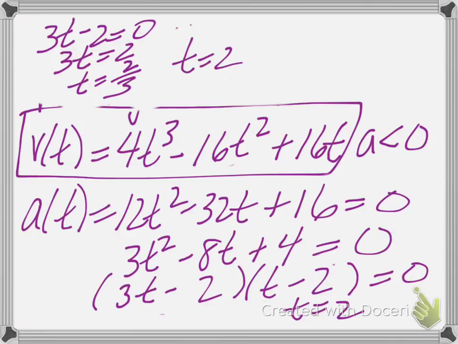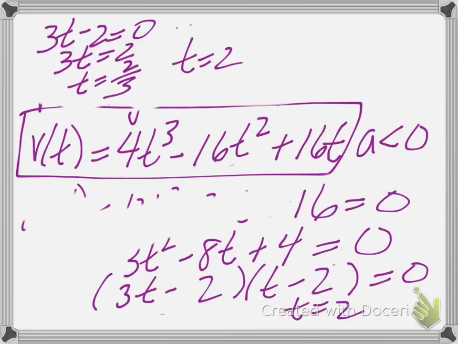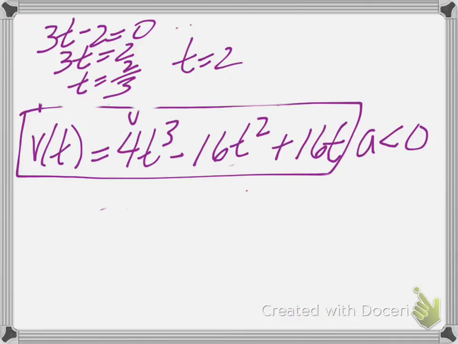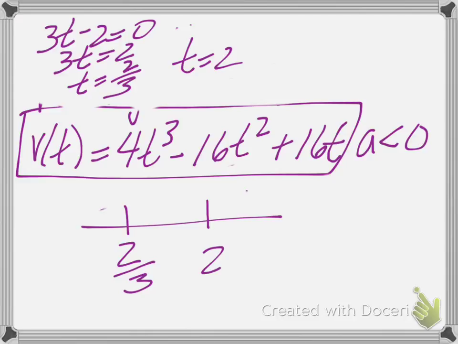Okay, so we're going to make a wiggle graph. Put on 2/3 and 2, and we're going to, oh, I took the acceleration away, let me put it back.